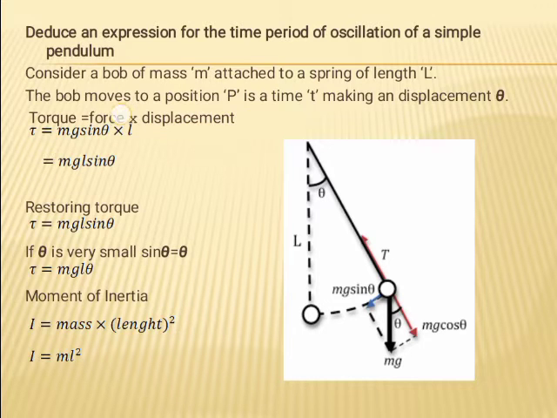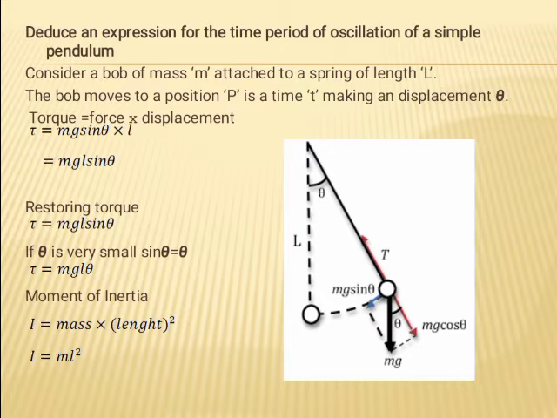If I consider the force, what kind of force can I apply? Obviously, torque is a rotatory force. So for a rotatory force, the force which I can apply is only the restoring force, which is mg sin theta.